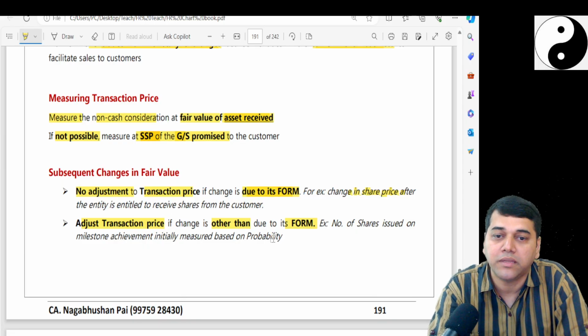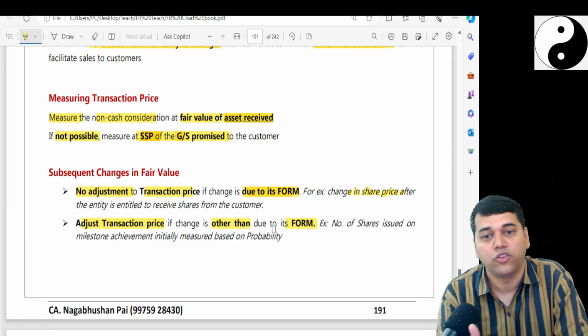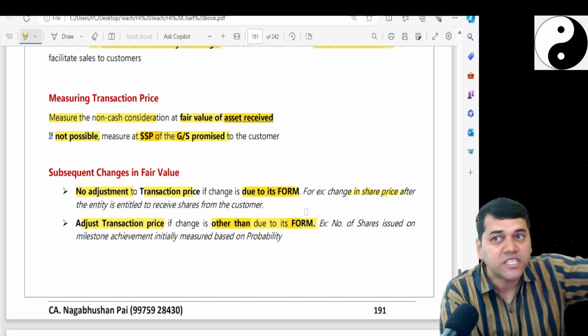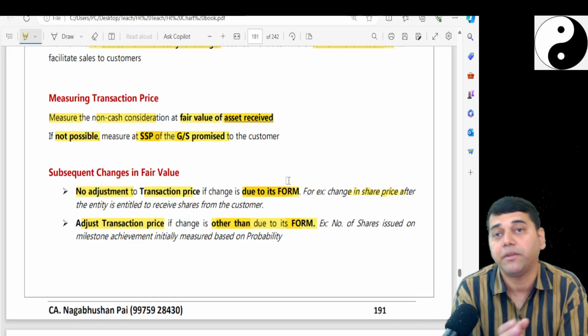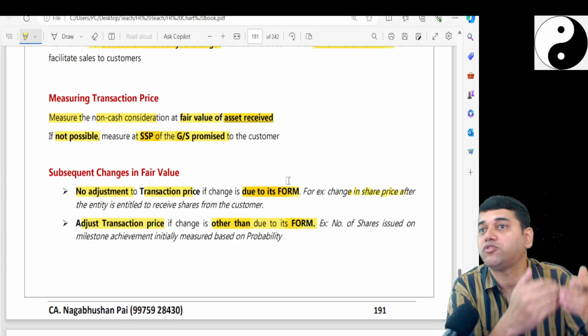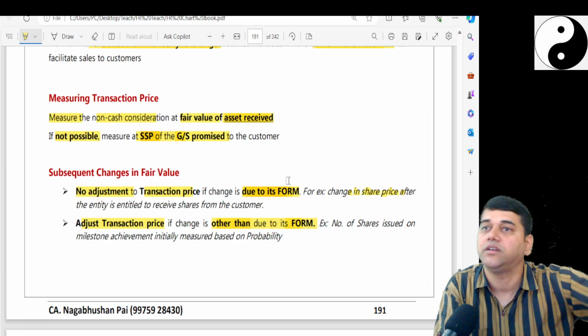Because the value of the consideration changed not because of its form, but because of your performance. In the first instance, the total value of the shares changed because of the market price. So if it changes because of things which are not within your control, because of its very form, ignore it. That is your fair value.